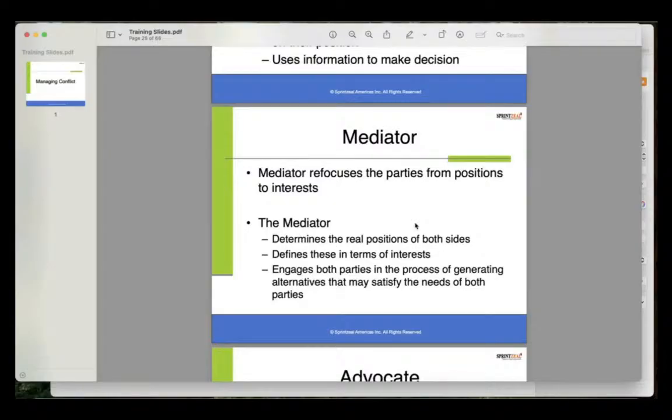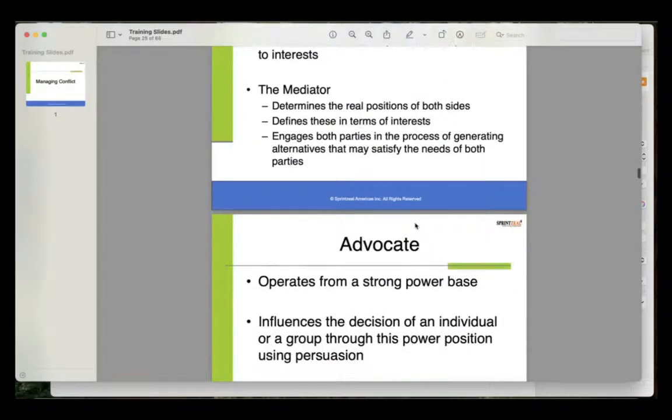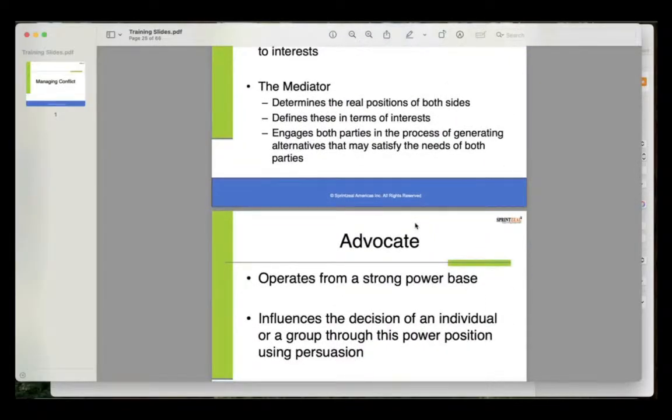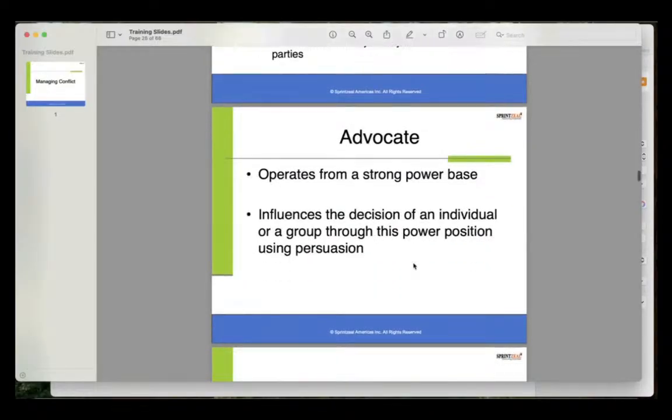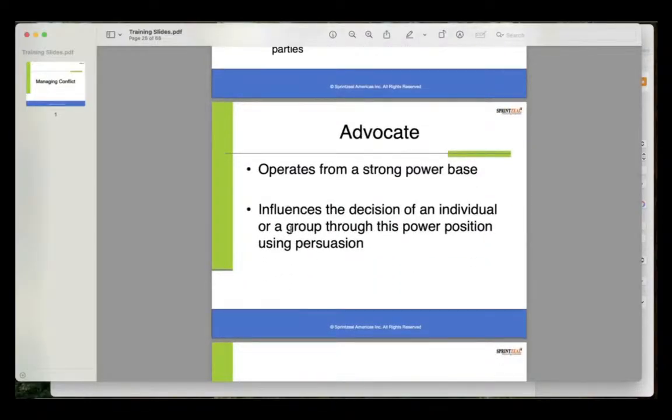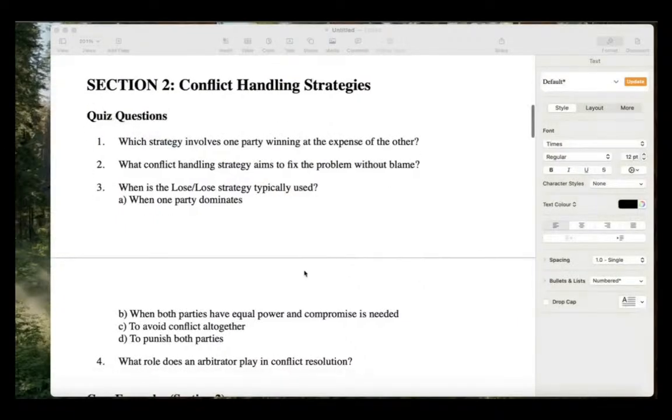This is the main role of the mediator. And then comes the advocate role. The advocate operates from a strong power base. I hope you recall, you asked a question on this as well. This is quite simple. The advocate influences the decision of an individual or a group through this power position using persuasion.